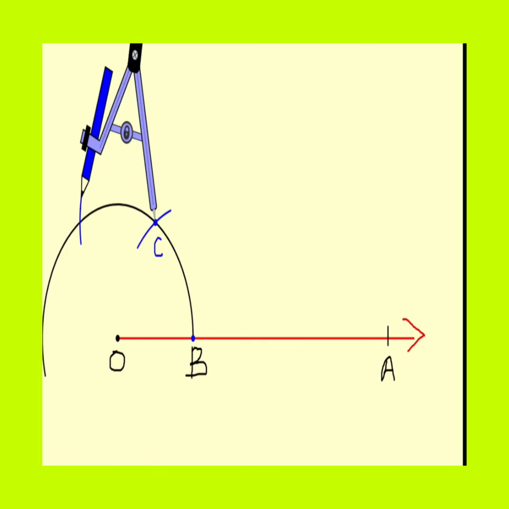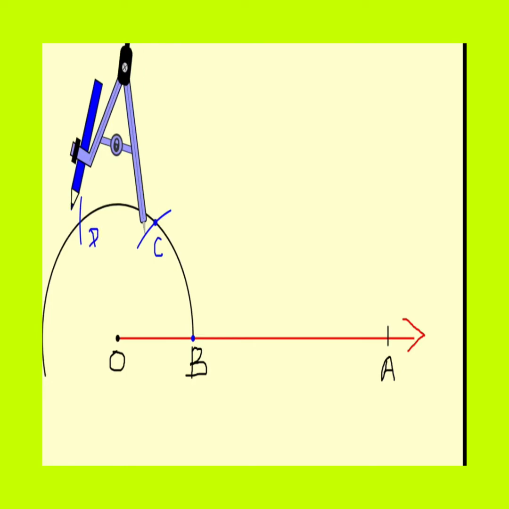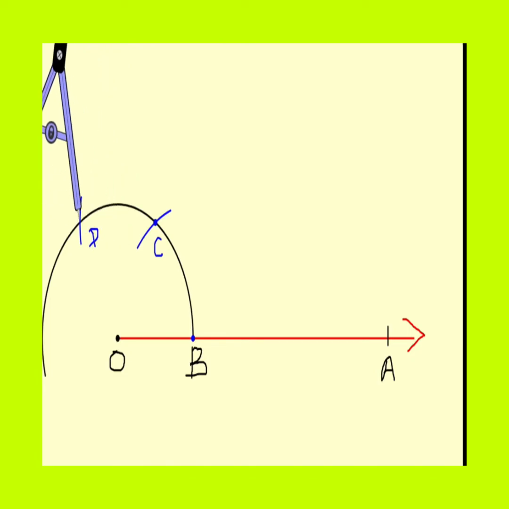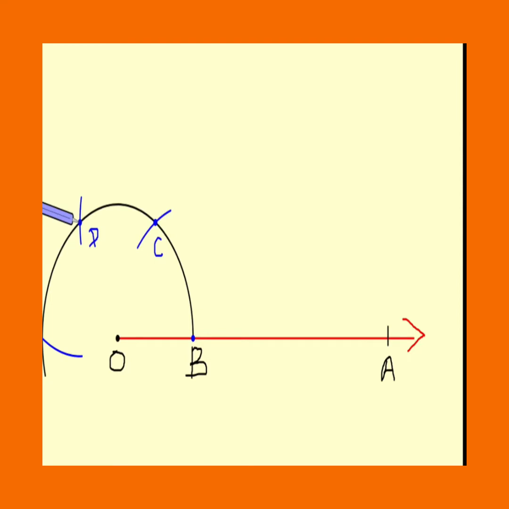Let this intersection point be D. Then place the compass at D and mark a third arc. Let this intersection point of the arc be E.